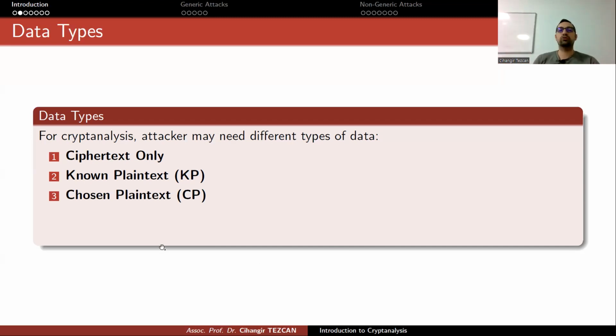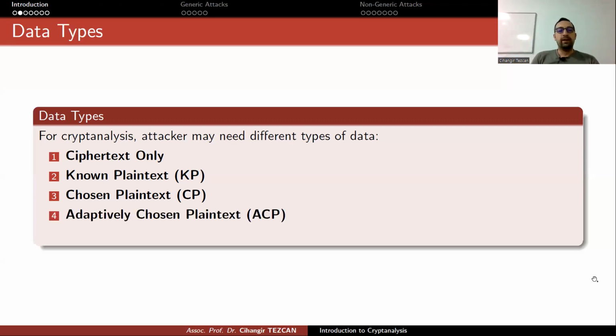This is what we call chosen plain text. So you say, I can break the cipher with 1 million plain text, but those plain text must be in this format. For instance, in the case of differential cryptanalysis, I don't care about the plain text, it can be anything random, but I also need the same plain text with 1 or 2 bit flips in those positions. So you actually choose your plain text.